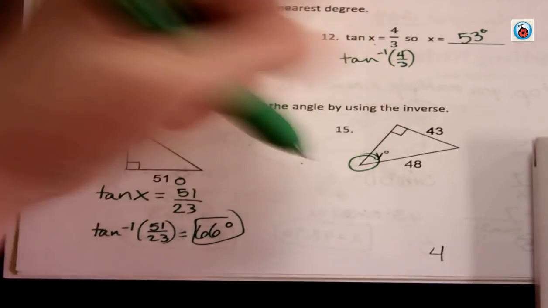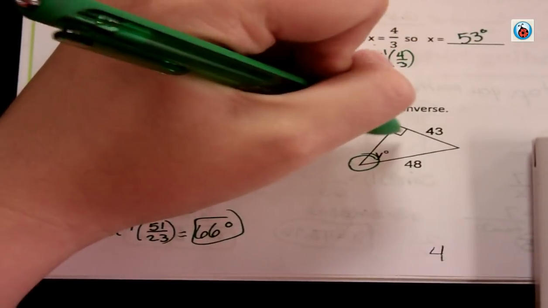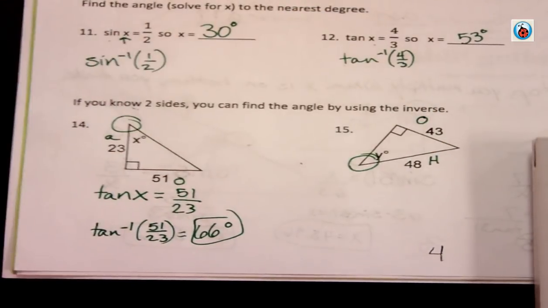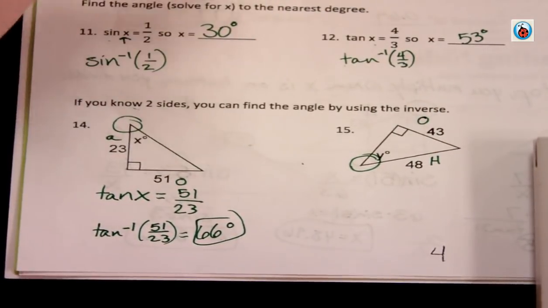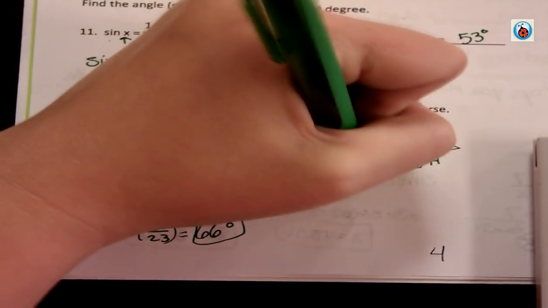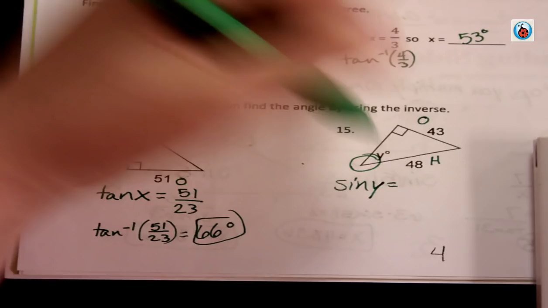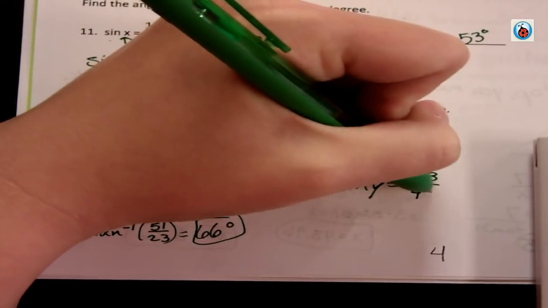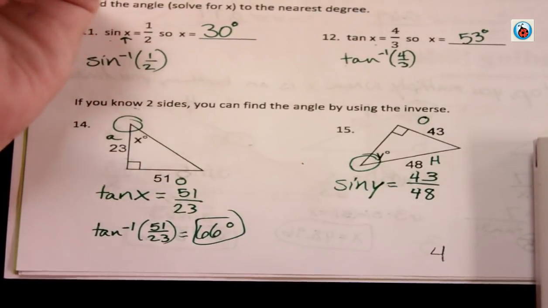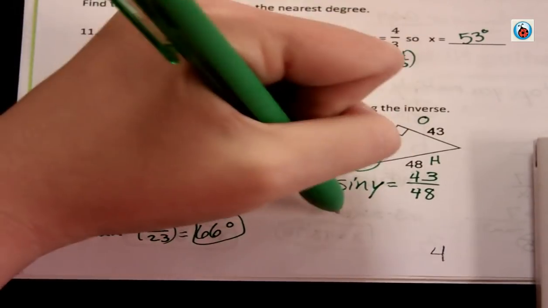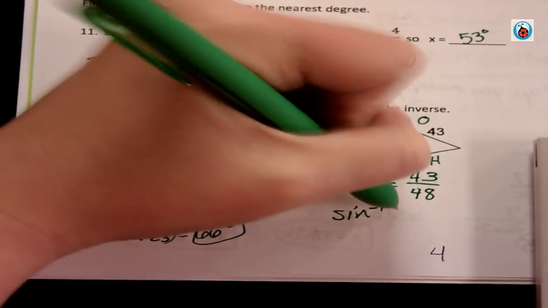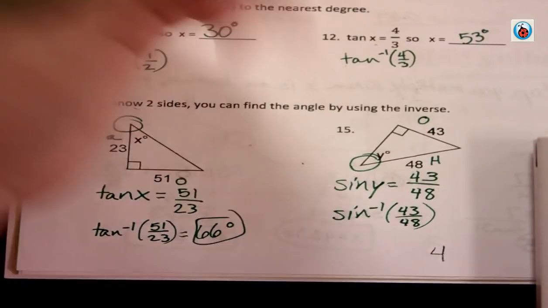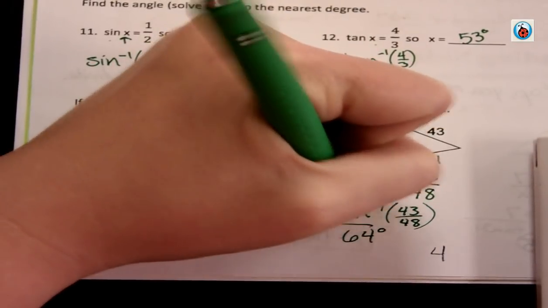Alright, for this one, circle the reference angle, label the side, opposite, and hypotenuse. Then you have to look back in your box and figure out, are we using sine, cosine, or tangent? Sine is the only one that uses opposite and hypotenuse. So 43 on top, 48 on bottom. We are looking for y. When you're looking for the angle, you use the inverse. Sine inverse, 43 over 48. When you put that in the calculator, you get 64 degrees.